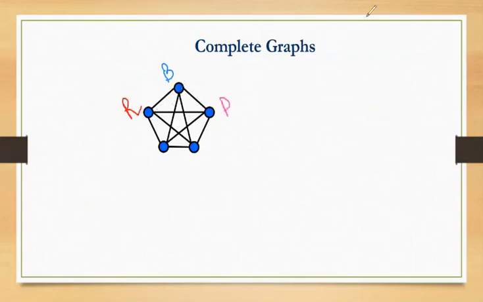Let's assign it pink. Now after that, what about these 2? Now we know that this is connected to this and it is connected to this, and this vertex is connected to the red vertex, blue vertex and the pink vertex, so you need another new color. Let's take black. And after that, what about this?